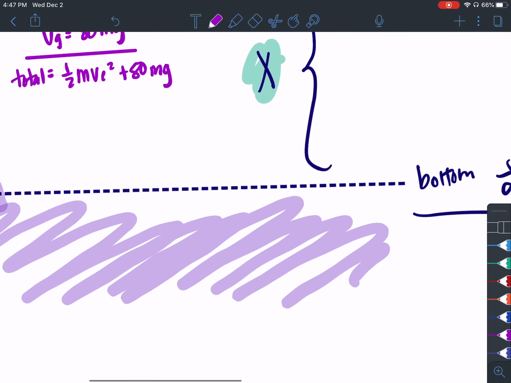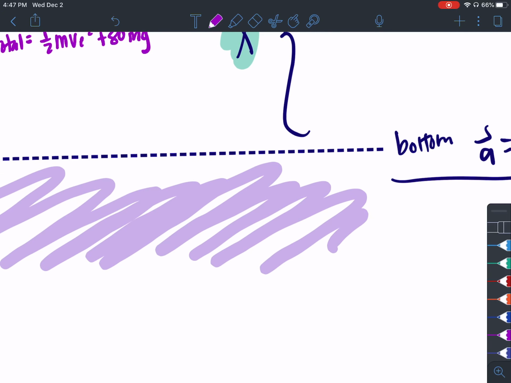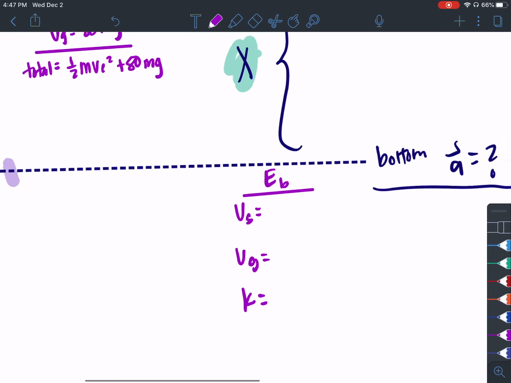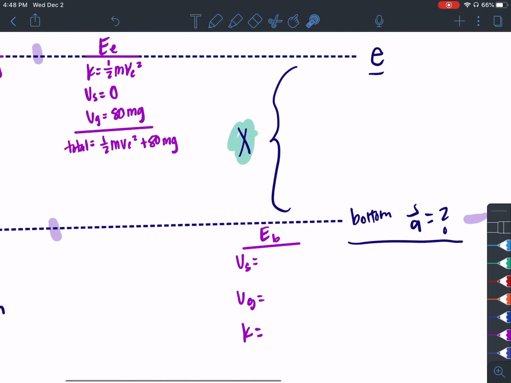The last one we can do is come down here to the bottom. Well, here, this is the time where the spring has actually been extended. So the spring started at its equilibrium point, and it has been extended all the way out.